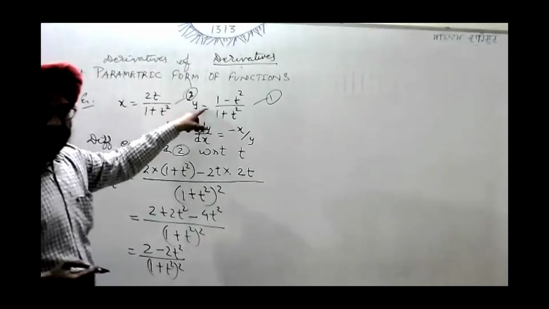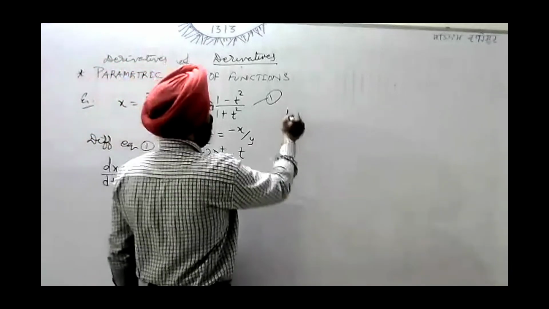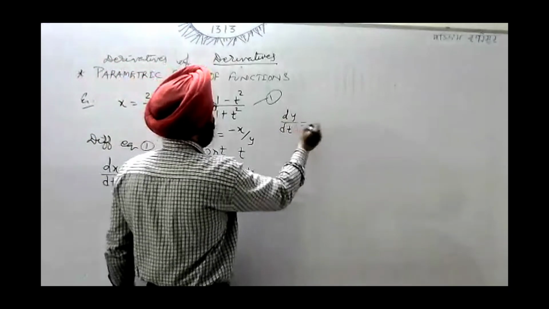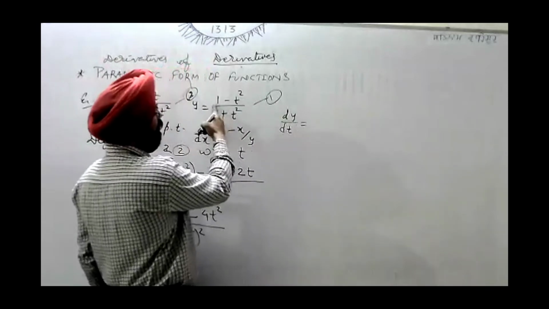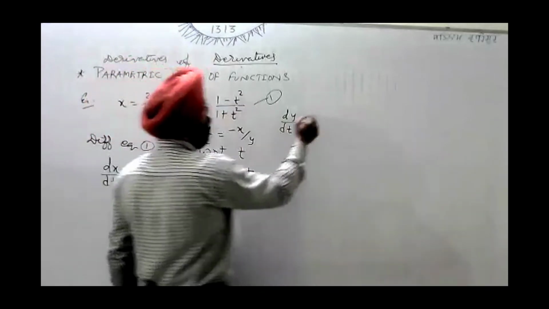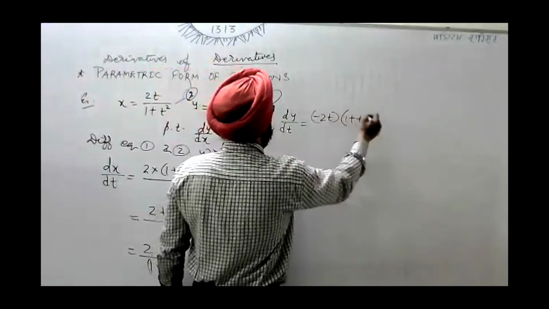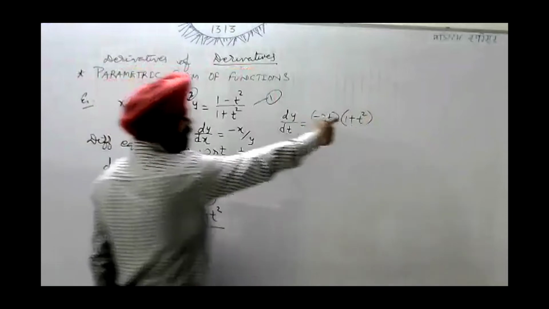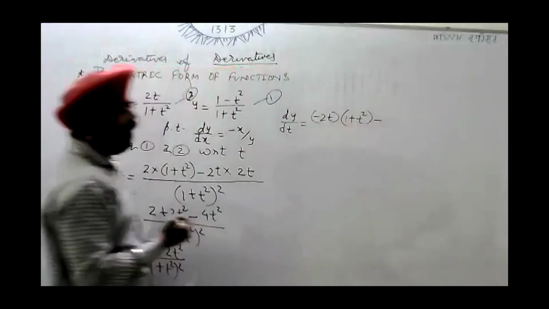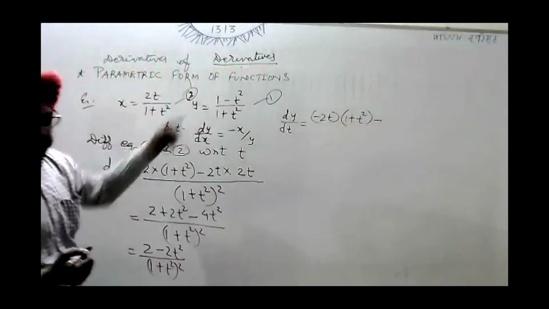Now differentiate this y. dy by dt, numerator first. So 0 minus 2t. So we will get minus 2t into 1 plus t square, the denominator as it is, minus. Now comes the term of denominator.